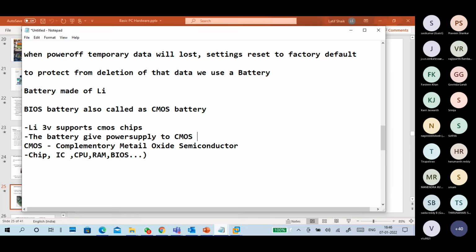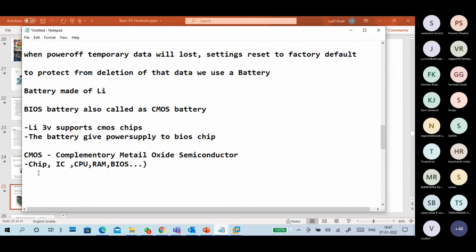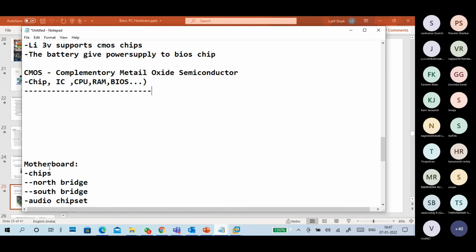Simply say BIOS chip. You should understand that. That's it. That's about your motherboard and BIOS.